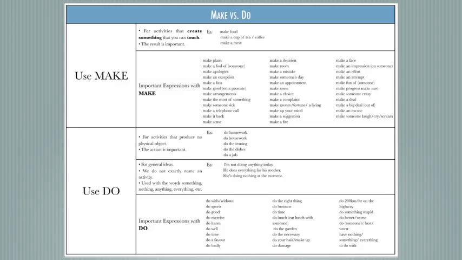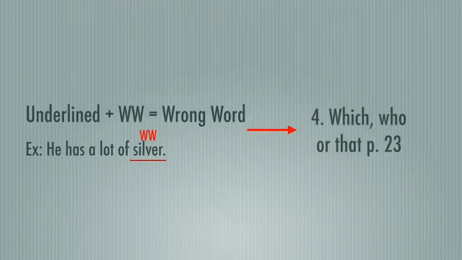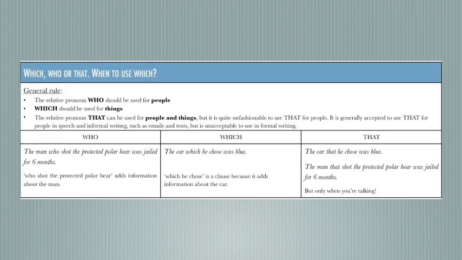If you look at page 46 in your grammar book, you have all the uses of make and all the uses of do. In some contexts, you have to use one and not the other. So check the list and find it. Also, it could be you made a mistake between using which, who, or that. Once again, on page 23, you have in which context you're supposed to use these 3 words.